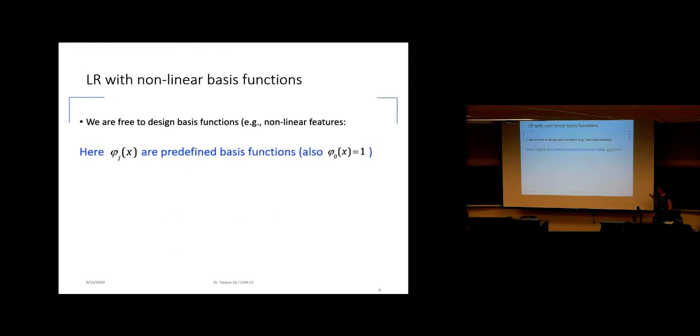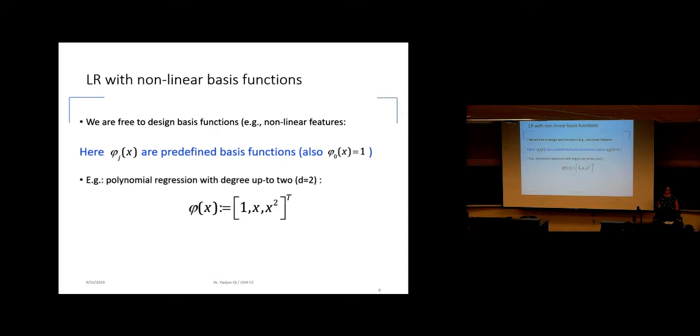Okay, so phi sub j of x are predefined basis functions. So for example, in the simplest case, we can have a quadratic, x quadratic added into the old x. And then that gives our phi x as just 1, x, x quadratic.